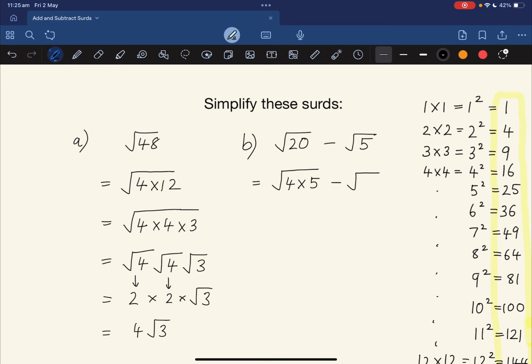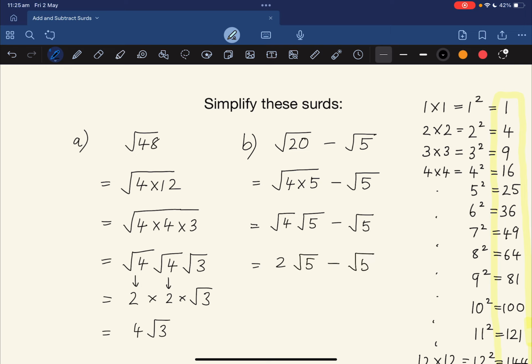And then the root 5, that can't go any further. It's not a square number, so let's leave it like that. And then I can rewrite it, separating into separate square root signs. Root 4, well, 4 is a square number. 2 times 2 is 4. Root 5 stays the same.